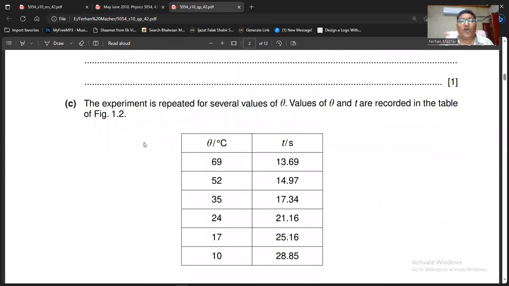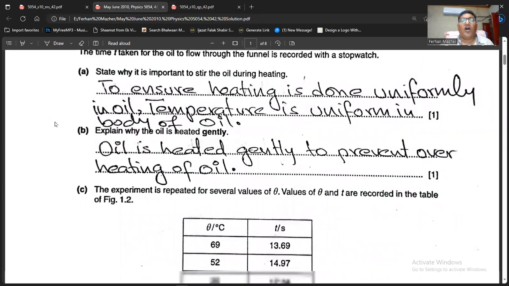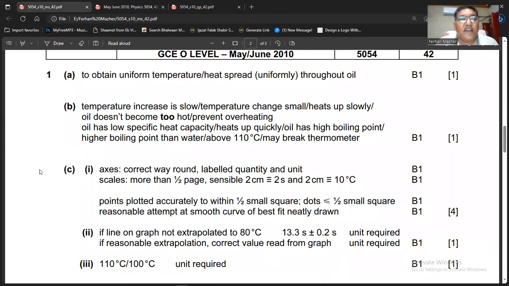Let me have a look at the marking scheme. It says: temperature increases slowly, temperature changes are small, heats up slowly, oil does not become too hot, prevent overheating, oil has low specific heat capacity so heats up quickly, oil has a high boiling point, higher than water, above 110 degrees centigrade, may break the thermometer.